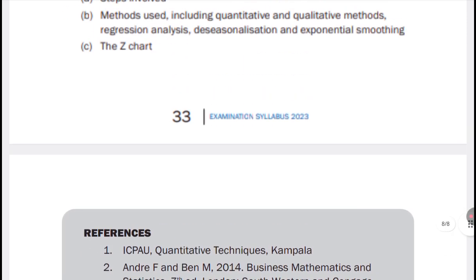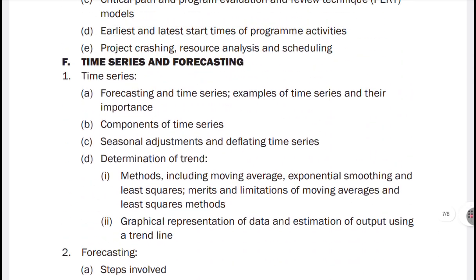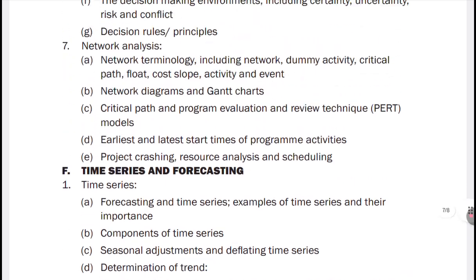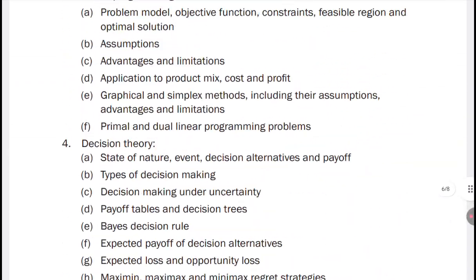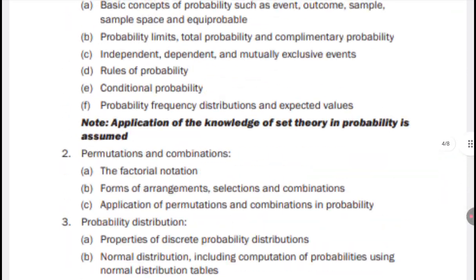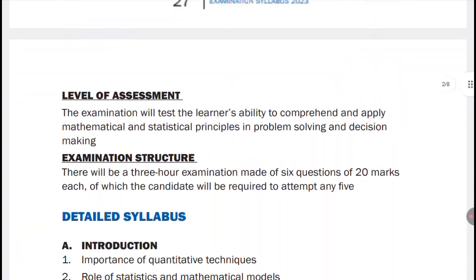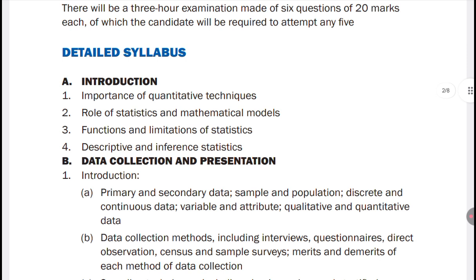So those are the main things that we are going to be looking at, and without wasting more time, let's go through some of the key things that we need to talk about as far as the introduction is concerned.